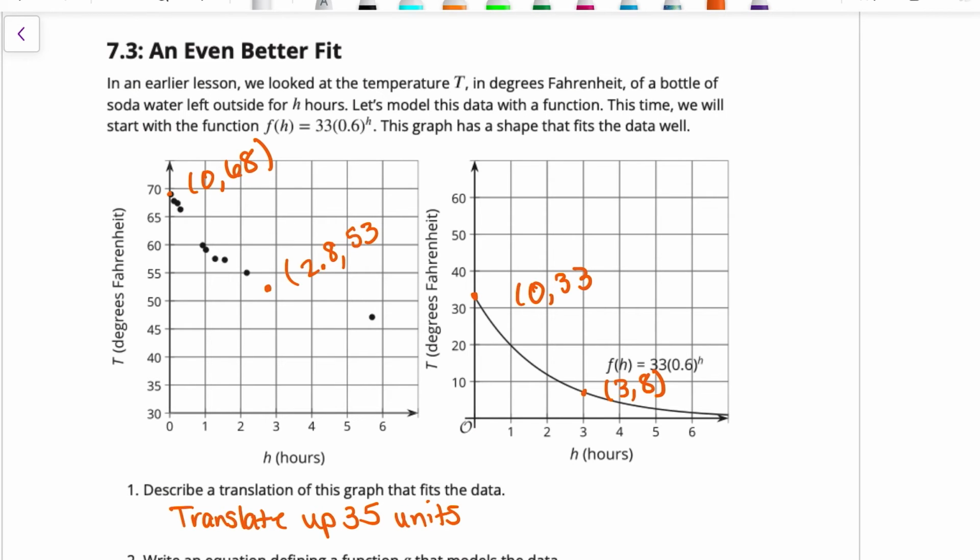And so that one's shifted kind of to the left. So up 45 and to the left 0.2. So just translating up 35 units might not be enough.